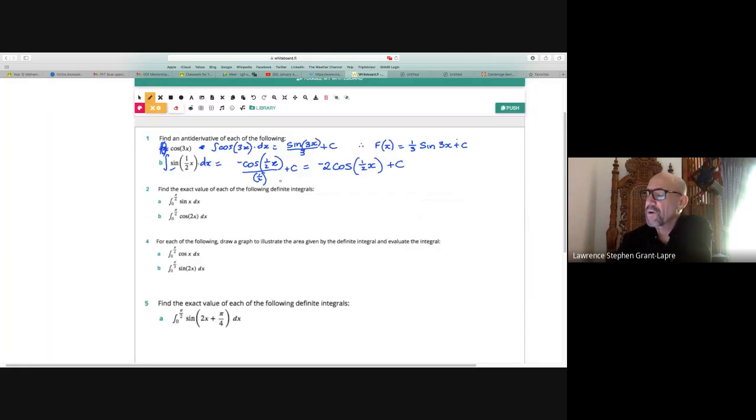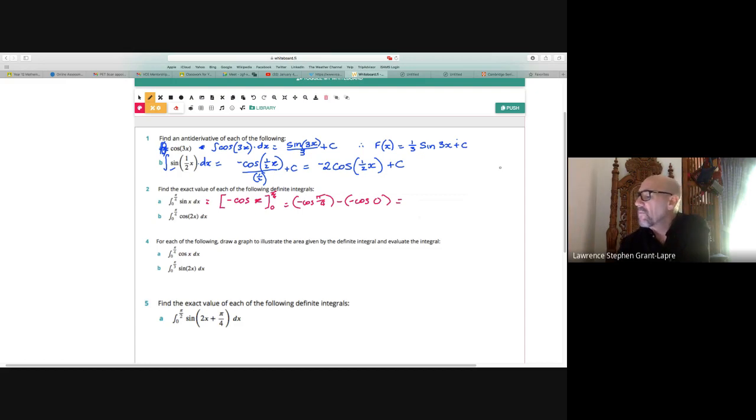Let's get a little bit more complicated now. We've got numbers, so we integrate. The integral of sine x is negative cos x, and we're going to go from 0 to pi over 4. So you substitute pi over 4, and then substitute 0, and see what that equals. So negative cos pi over 4, and we substitute 0, negative cos 0.